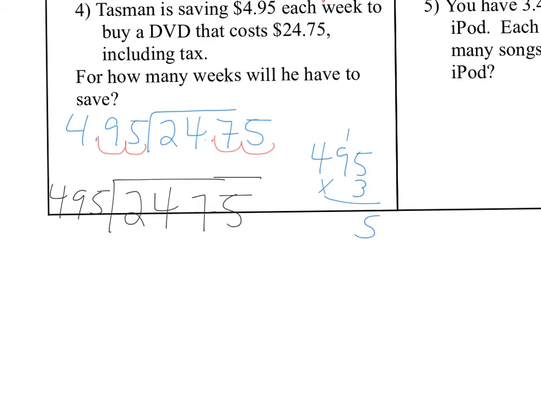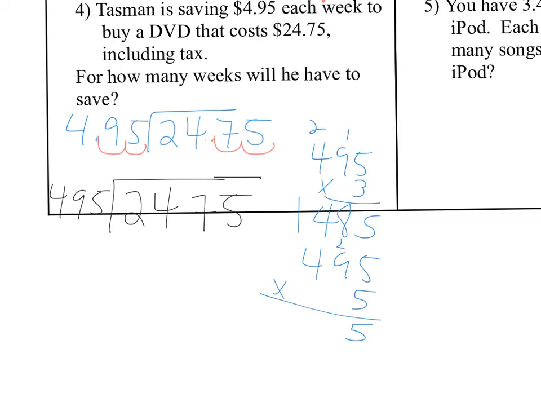5 times 3 is 15, carry the 1. 9 times 3 is 27, 28. 4 times 3 is 12 plus 2 is 14. Okay, definitely more than 3 times. Okay, let's see if it goes in 5 times. 5 times 5 is 25.